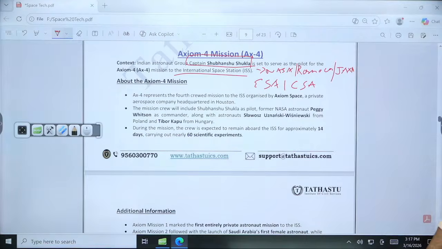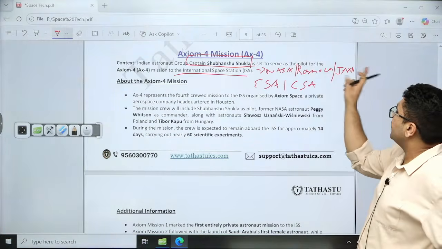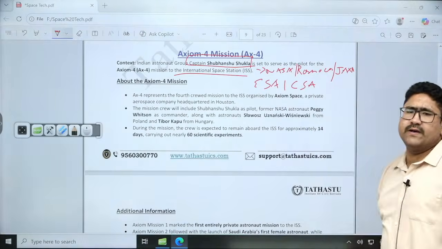So it is a combined effort of these five space agencies which have formed the ISS. That is American, Russian, Japanese, European and Canadian.